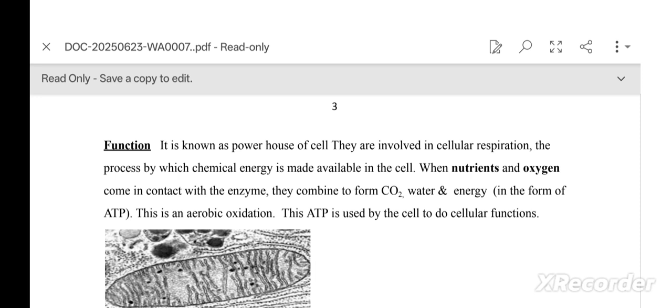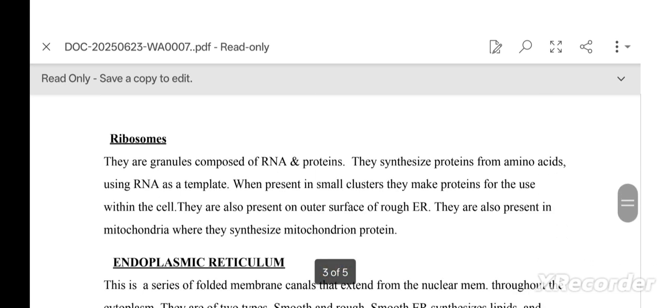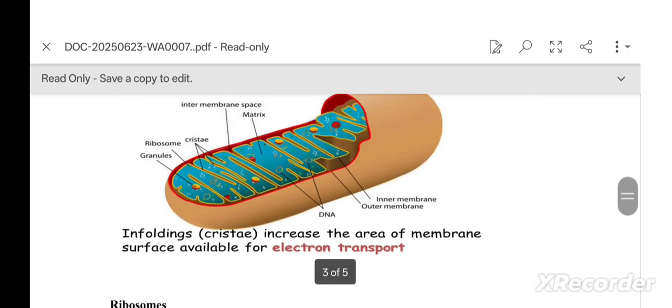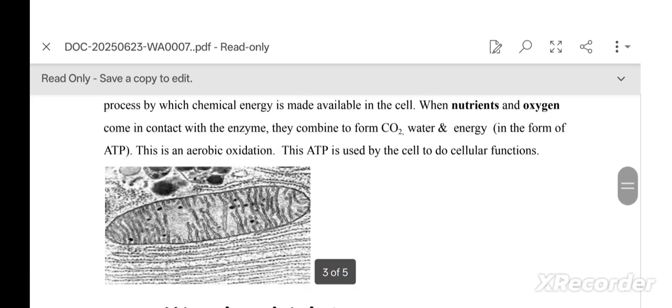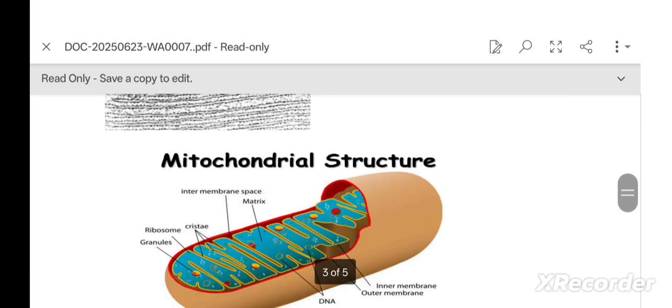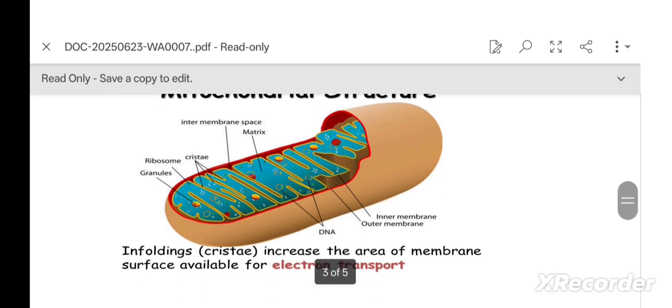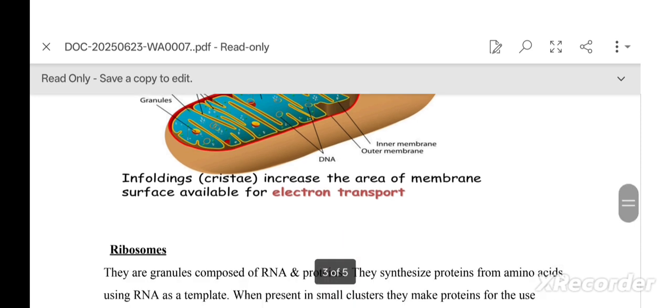This ATP is used by the cell to do cellular functions. Now mitochondrial structure: the folding increases the area of membrane surface available for electron transport.